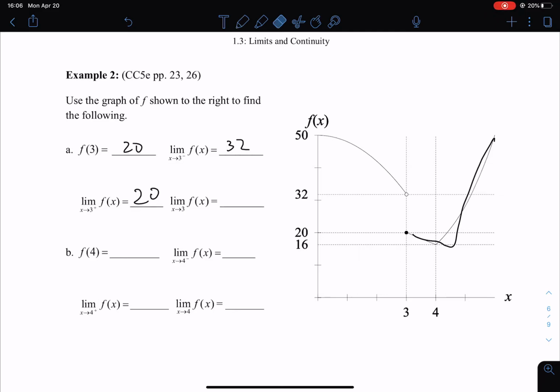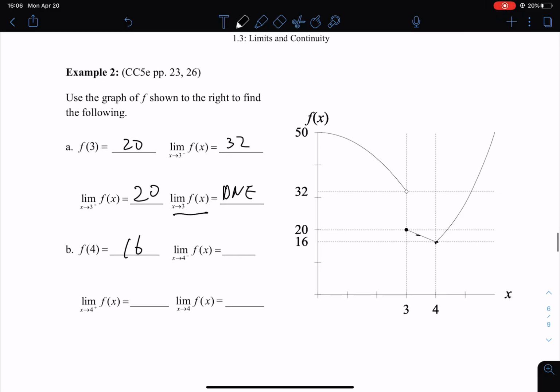So we have to say the limit does not exist. And then the next one, f of 4 is just 16. The left side limit, we have to use this part, it's just 16. And the right side limit is this part, also 16. So both of them are 16. Then the limiting value exists, and the number is 16.